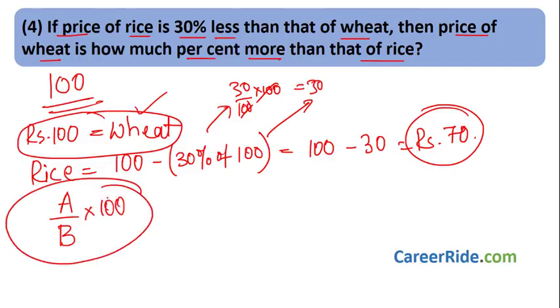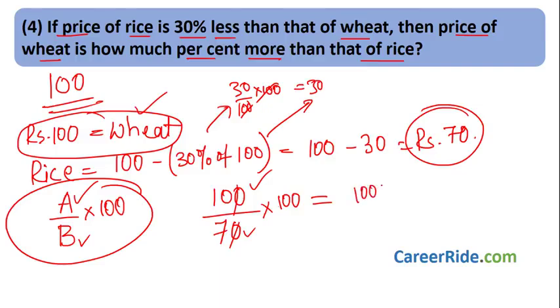So this is what we saw in the previous sum, right? So wheat's price, that is 100 rupees, of the rice price, that means the rice price should be in the denominator, so 100 over 70. What we saw was quantity 1's percentage in relation to quantity 2. Same way, price of wheat in relation to price of rice, and we want the percentage, so multiply by 100. What do we get? This gets cancelled, right?